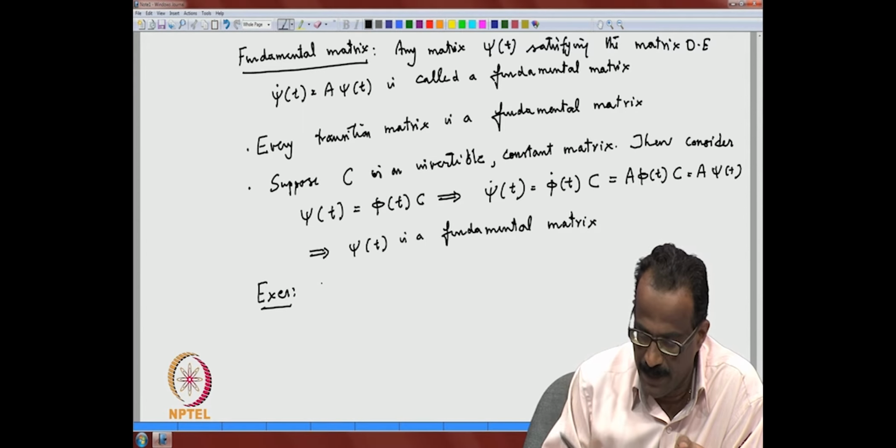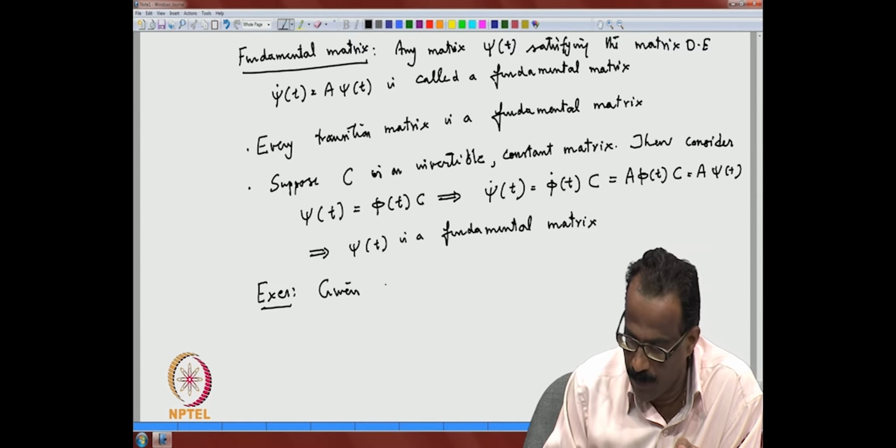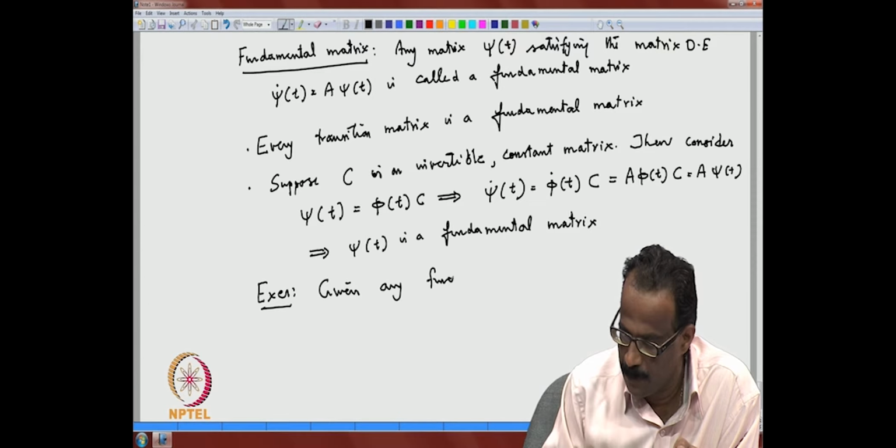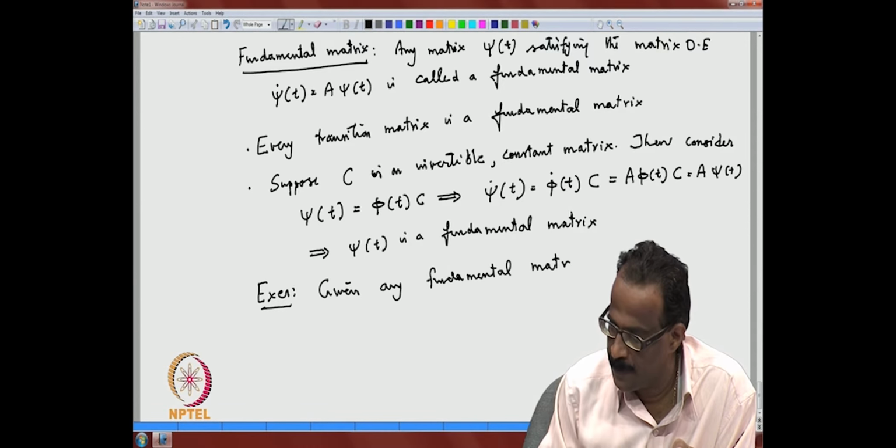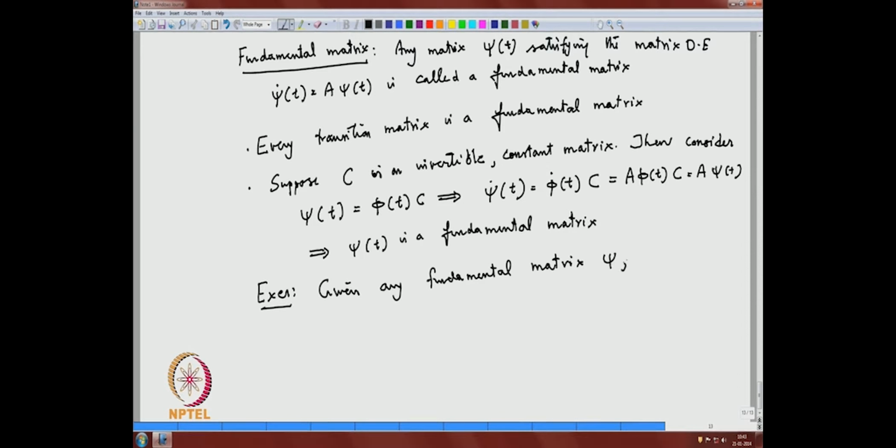Given any fundamental matrix psi, there exists an invertible matrix C such that psi(t) is of the form phi(t) C. In fact, you can compute C for a given psi.